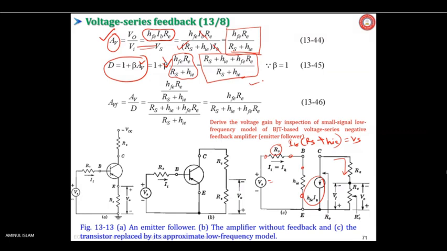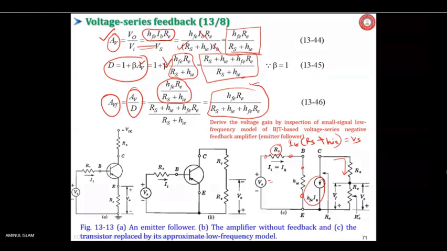Yes, Aman, is it not? Yes, it is. And AVF is equal to AV divided by D, putting the value of D in the denominator and AV in the numerator gives you this expression. Can you understand this? Yes, I understand.